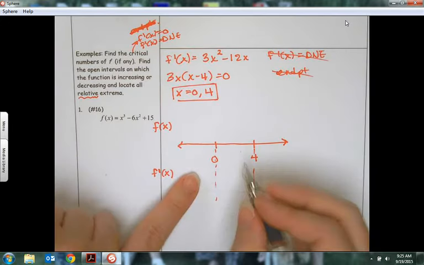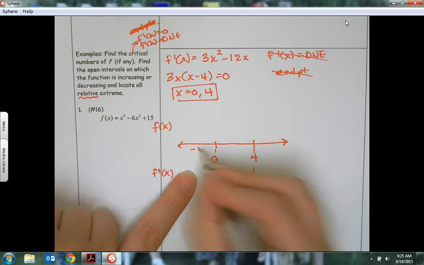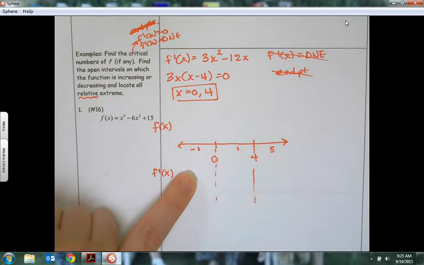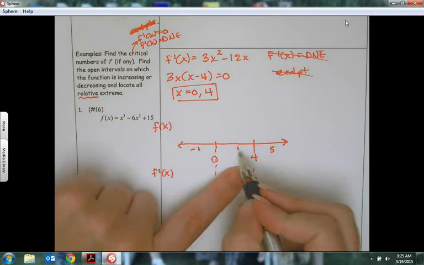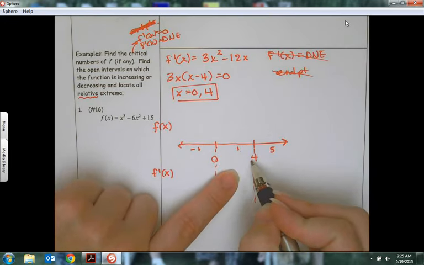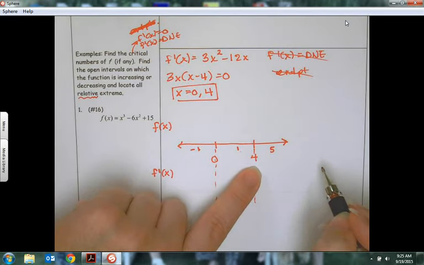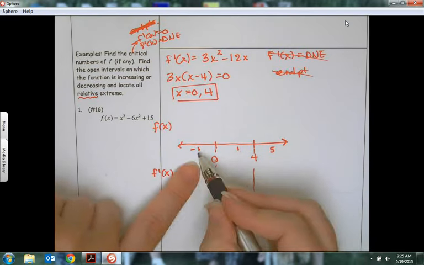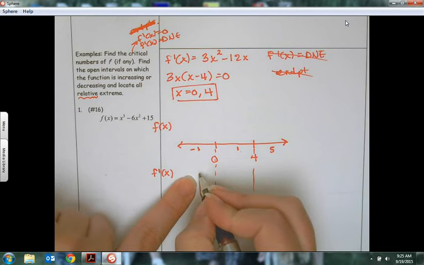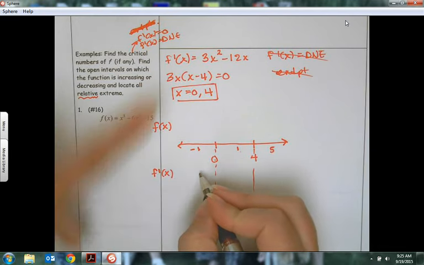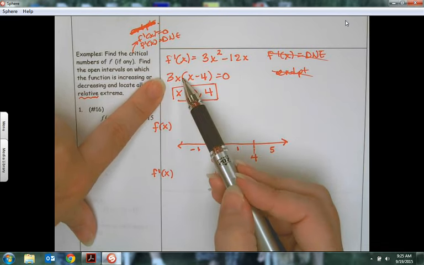I need to pick some numbers that are within those intervals. So -1 is smaller than 0, 1 is between 0 and 4, 5 is bigger than 4. And I'm going to plug them into f prime of x and see if I get out a positive or a negative.